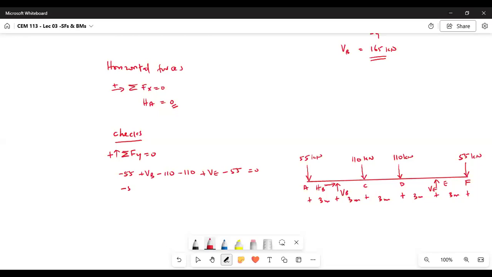So negative 55 plus 165 minus 110 minus 110 plus 165 minus 55. Check and see whether you get 0.